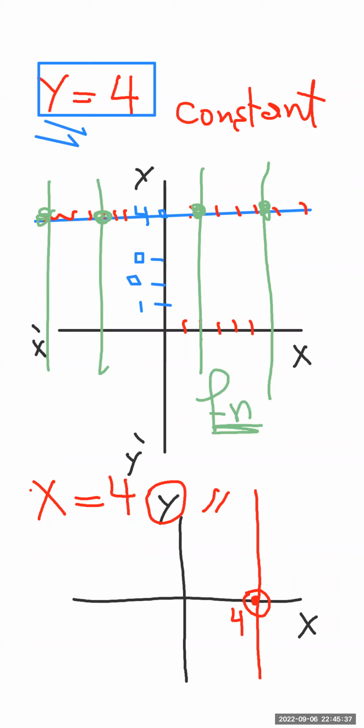But here, if I draw a vertical line, it will be coincident with the line of the relation, correct? So there is an infinite number of intersection points with the relation. This point is an intersection, this one, and so on. So this one is not a function.